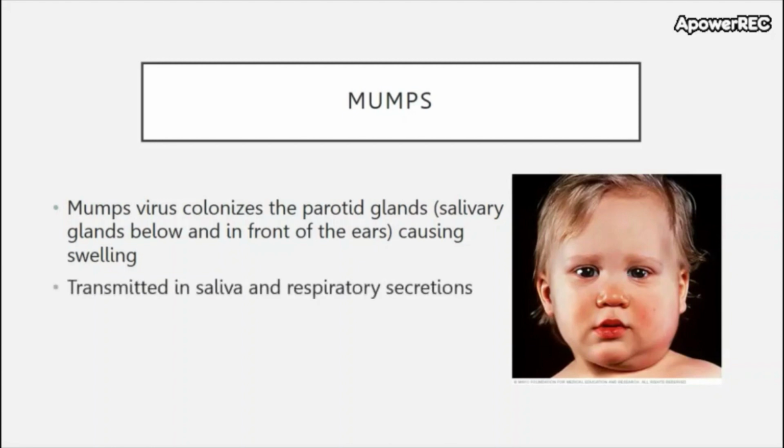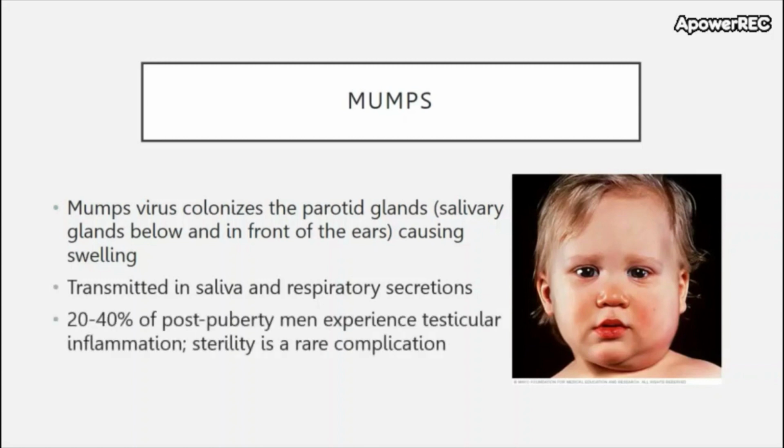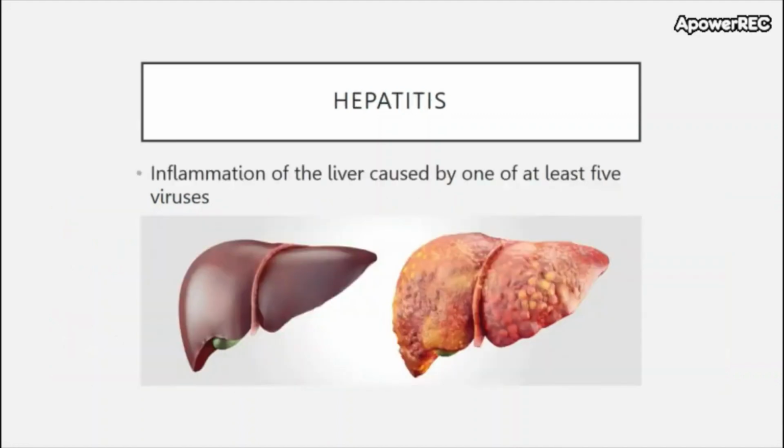It's transmitted in saliva and respiratory secretions. 20 to 40% of post-puberty men experience testicular inflammation, and sterility is a rare complication, but it can occur. Mumps is prevented by the MMR vaccine, another reason to vaccinate.